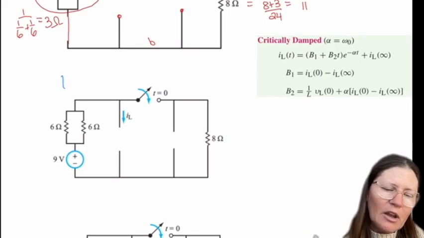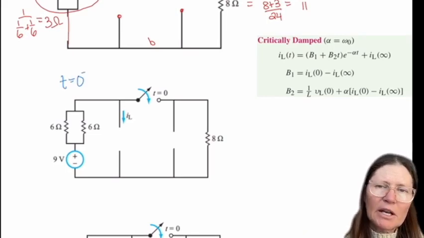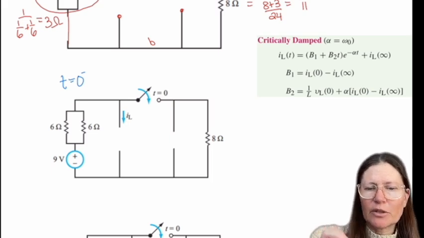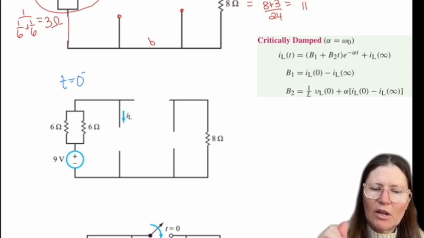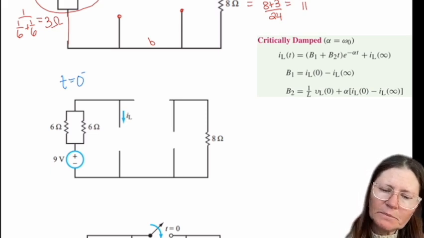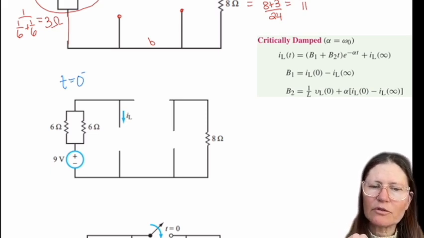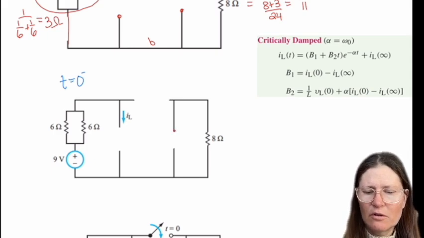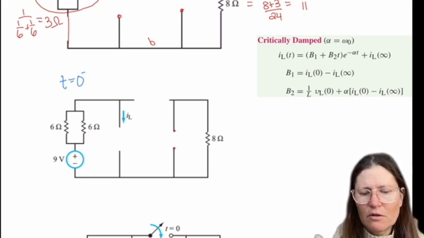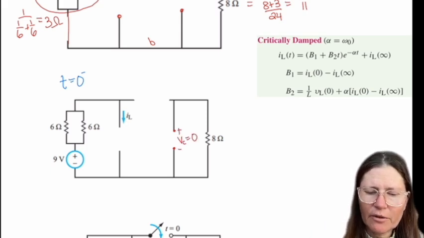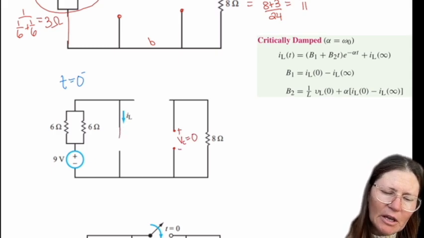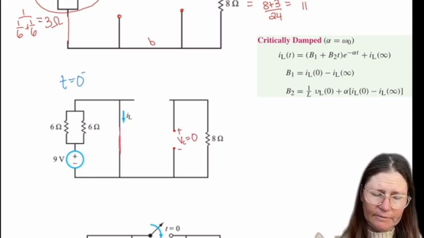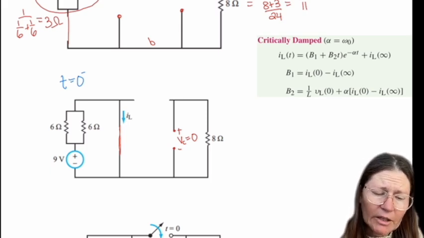So in the t equals 0 minus stage, the switch is going to be open, which you can hopefully see here, so you then have 0 voltage here with the switch open, and then here you're going to have 9.